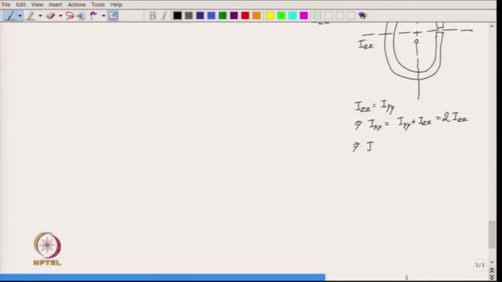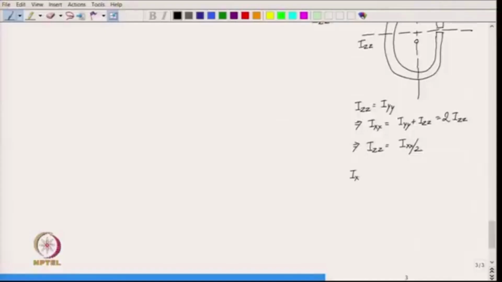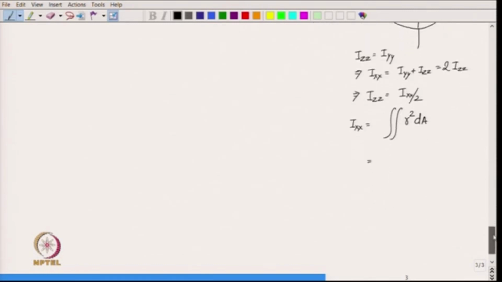Okay. So, Izz is then Ixx by 2, and what is Ixx? That is the polar moment of area, because x is the normal to this cross section. So, Ixx is simply polar moment of area. Okay. So, Ixx is then integration over the cross section r square dA, and again assuming that the cross section is really thin, your dA is r dr d theta, right.